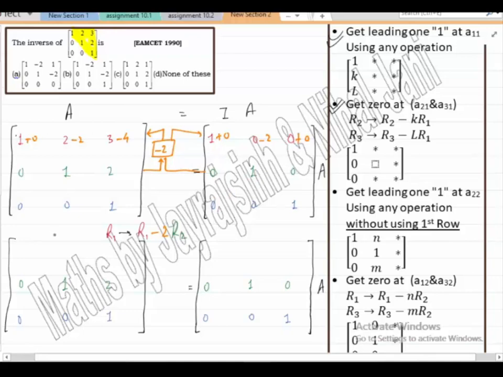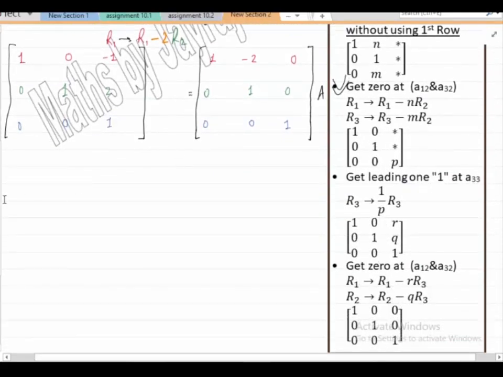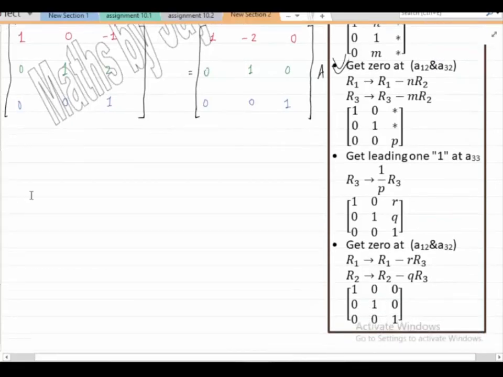Okay, so our modified first row will be 1 0 minus 1 1 minus 2 0. So we complete our fourth step also. Now we need to get the next step, in which we need to get the leading one at A33, and we already have the leading one at A33. So we get the values of P, R and Q, right?